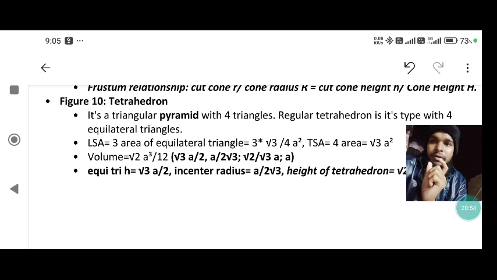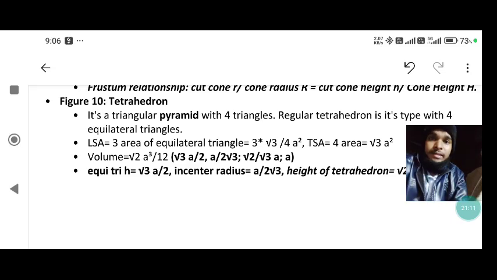This complete base is an equilateral triangle, and its height value is root 3 a by 2.